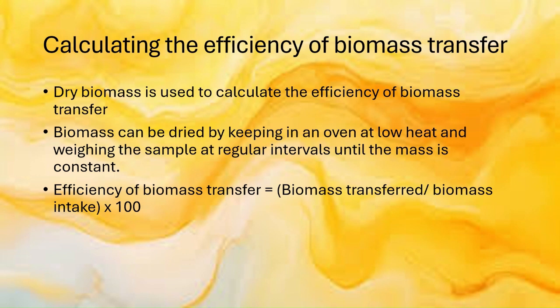Calculating the efficiency of biomass transfer in a practical sense. Dry biomass is used to calculate the efficiency of biomass transfer, and biomass can be dried by keeping it in an oven at low heat and weighing the sample at regular intervals until the mass is constant.